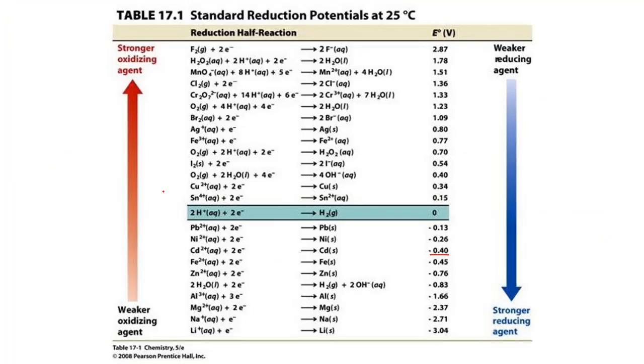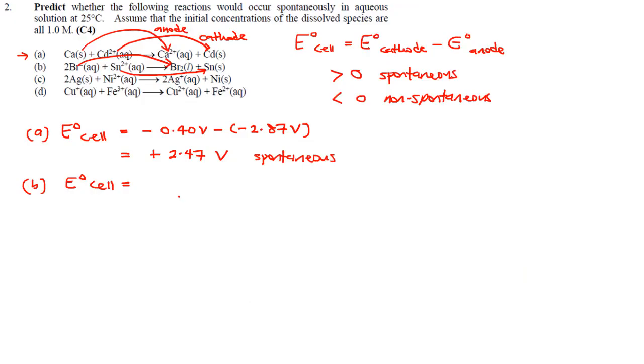Okay, cathode minus anode. Kalau for tin, okay, yang dalam table dekat sini dia hanya ada untuk Sn4+, but never mind. Okay, untuk tin nanti, dia punya E0 value adalah negative 0.14. Okay, nanti I'll give you the table.